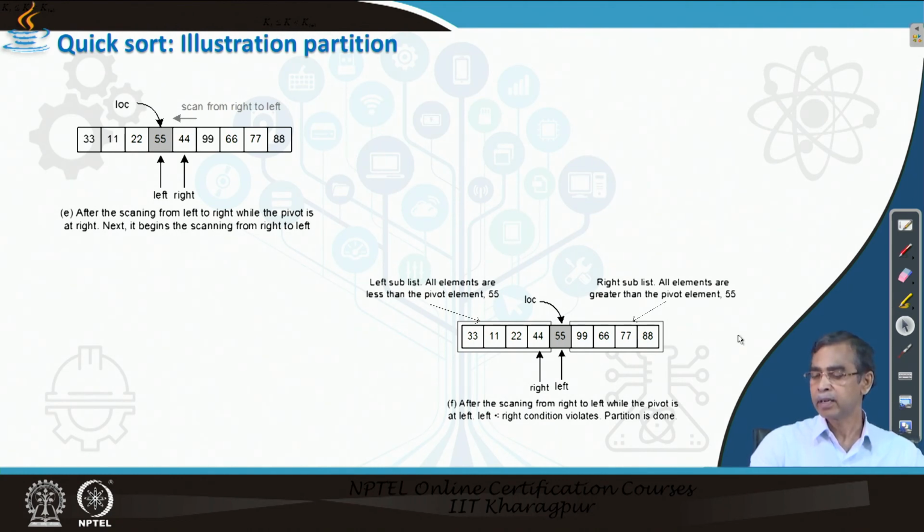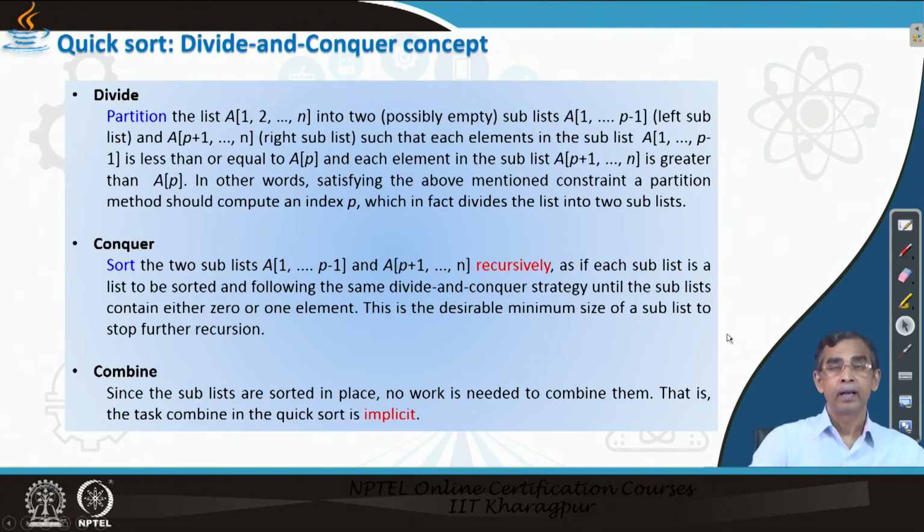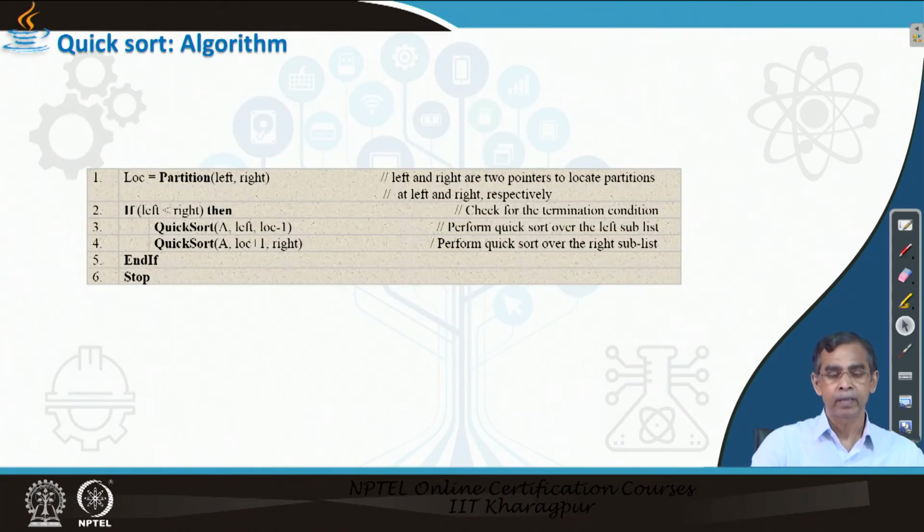Partition is the main task here, and that is the divide procedure we can say. Then the conquer is basically sorting the sub lists, and combining is implicit, we do not have to do anything here. And this is the algorithm that we have given, the total quicksort algorithm. First we have to partition, given the left and right, which are the two boundaries of the list.